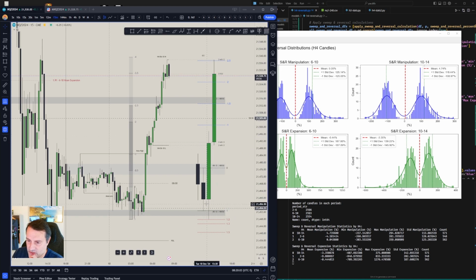So I want to measure when the candle cannot close below this low, statistically, how far down will it go and how far back up will it go. So let's say a statistical analysis of basically the London Judas swing based on 4-hour candles.